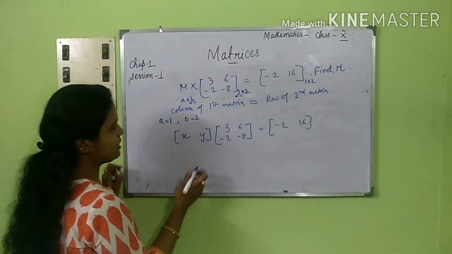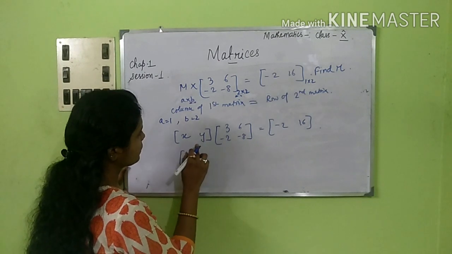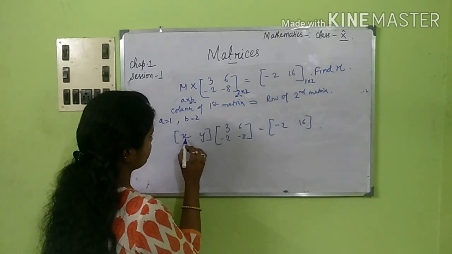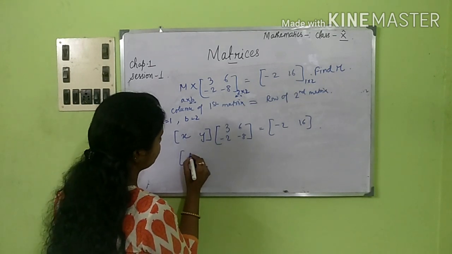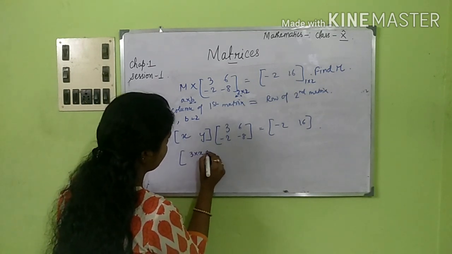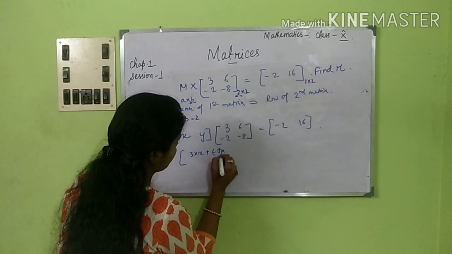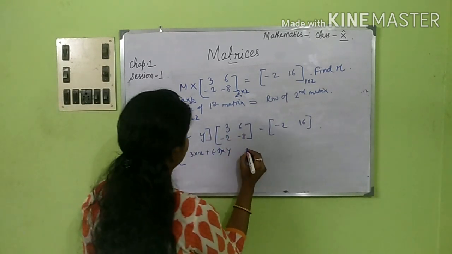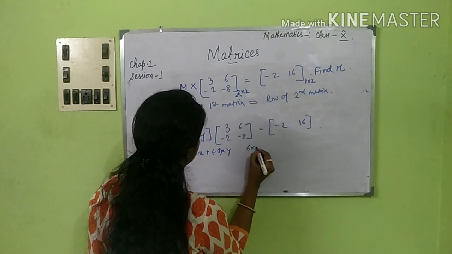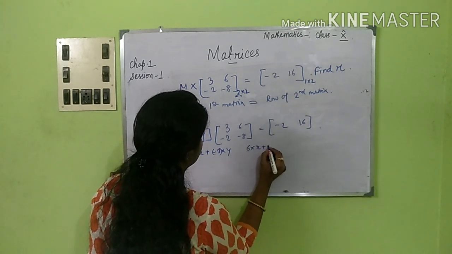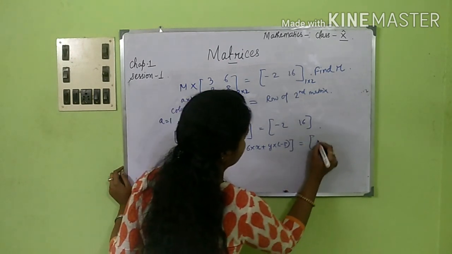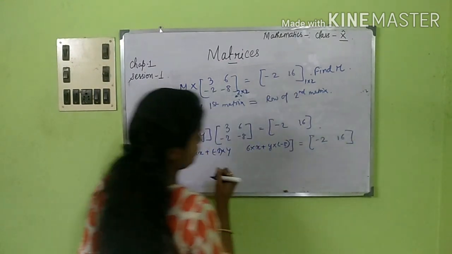Now let's multiply and see. So this is of the form 1 cross 2. So 3 into x plus minus 2 into y, and on that side it is 6 into x plus y into minus 8. That is equal to minus 2 comma 16.